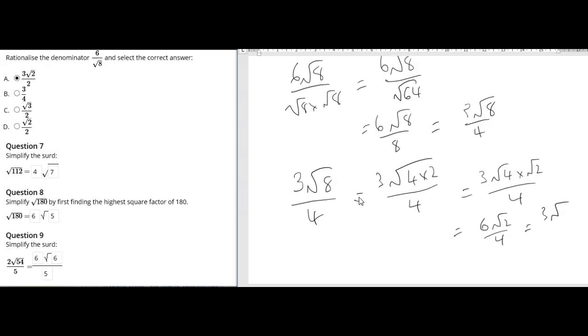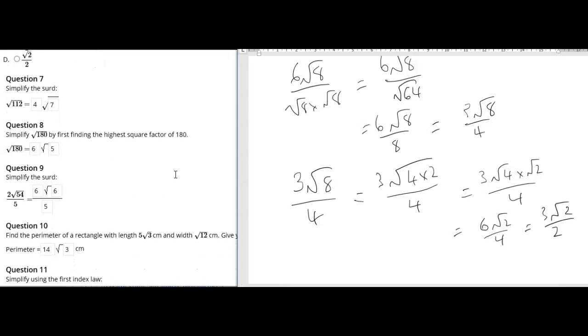Maybe you didn't simplify earlier like me. If you didn't simplify and you just simplified here, well done. But silly me didn't. That's all good. So we've got 3 root 2 over 2. A bit involved in that question.